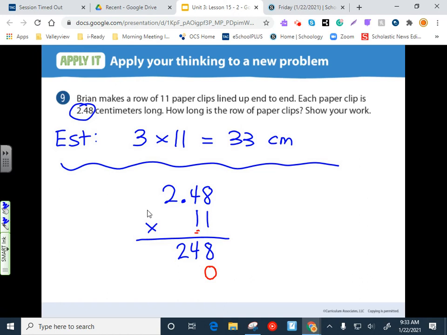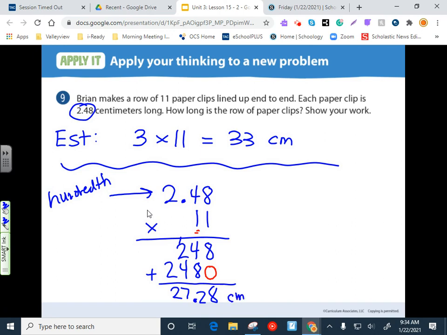So we're actually multiplying everything by 10. That's why we add the 0. 1 times 8 is 8. 1 times 4 is 4. And 1 times 2 is 2. So let's add these up. We got 8. 8 plus 4 is 12. 7, 2, 7. Our one factor here is in the hundredths, so our answer has to be in the hundredths. So it's 27.28 centimeters. And 27 is really close to 33. So our answer is reasonable.